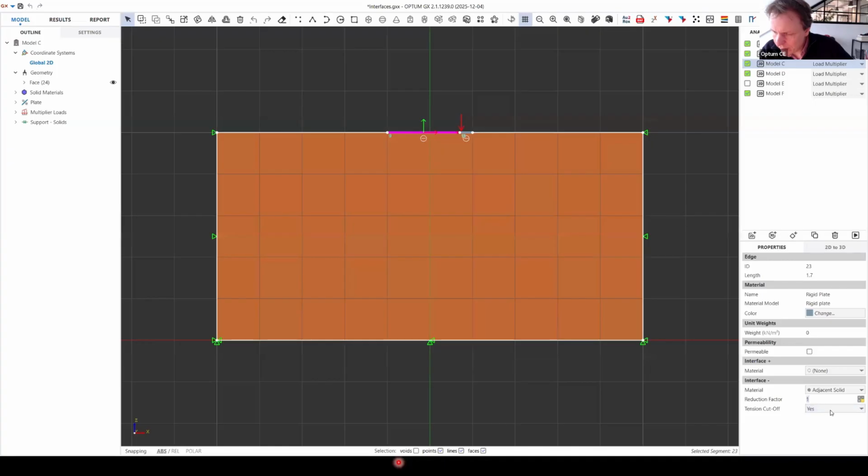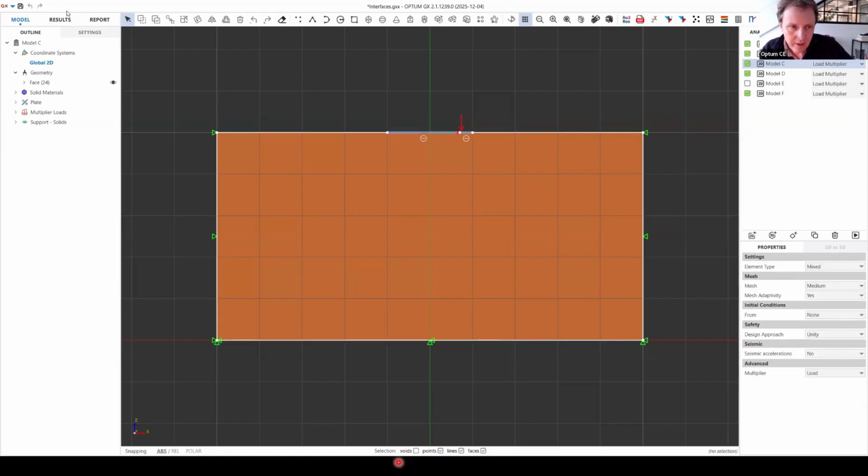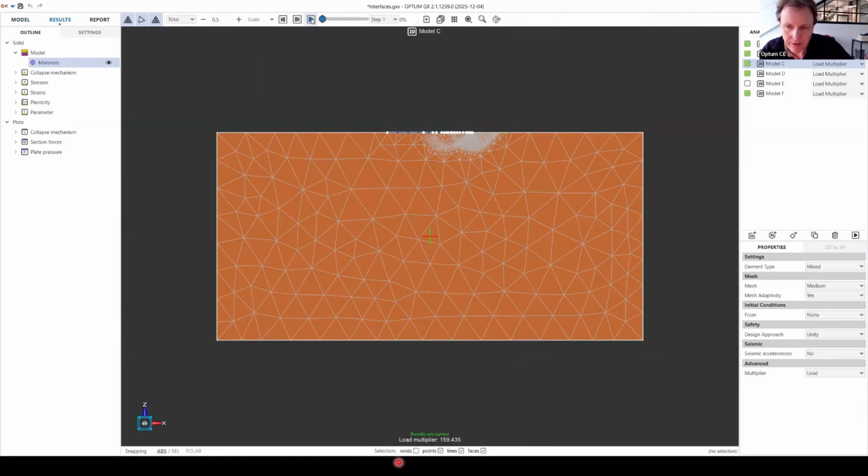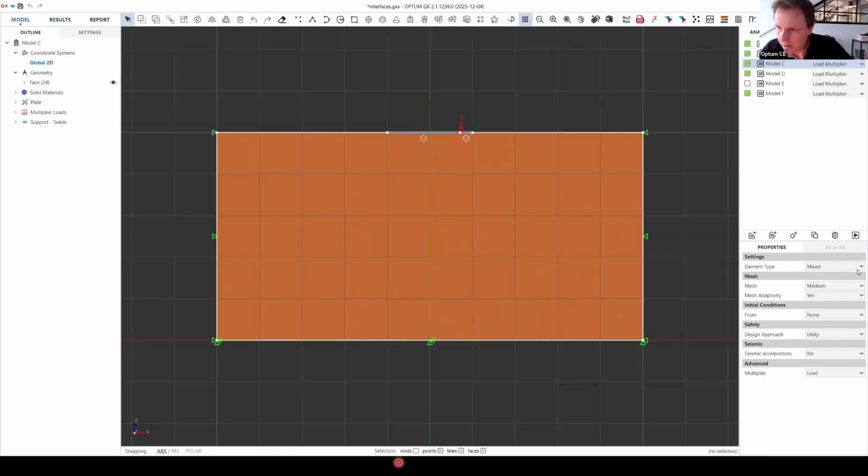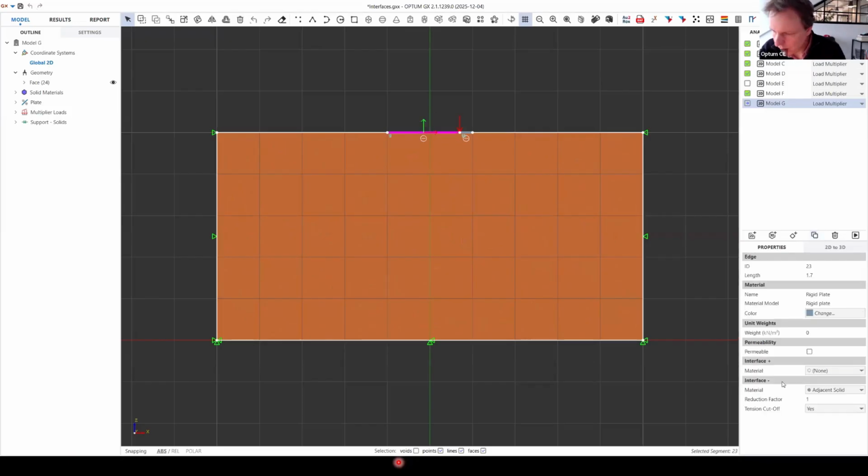And then there is a possibility of having a tension cutoff as well. And the default setting here is yes. So there is a tension cutoff. And that is basically what brings about this lift off here, right? Otherwise, without a tension cutoff, you would have something, we can try to see.